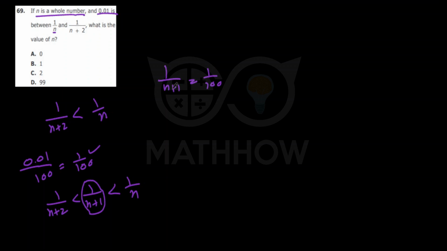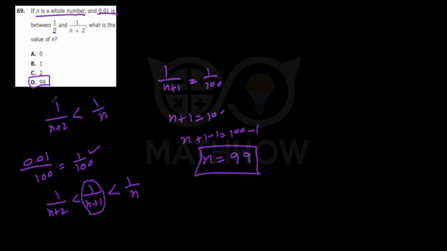Numerators are the same, so the denominators must be equal to each other. n plus 1 equals 100. Subtracting 1 on both sides, we have n equals 99. So the value of n is 99. Option D is the correct answer.